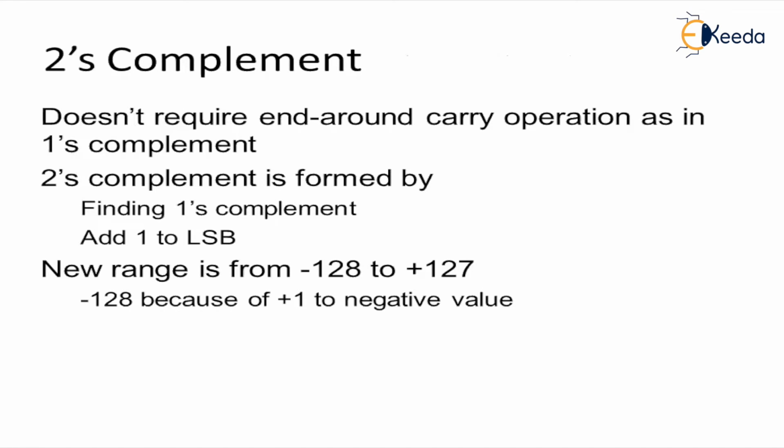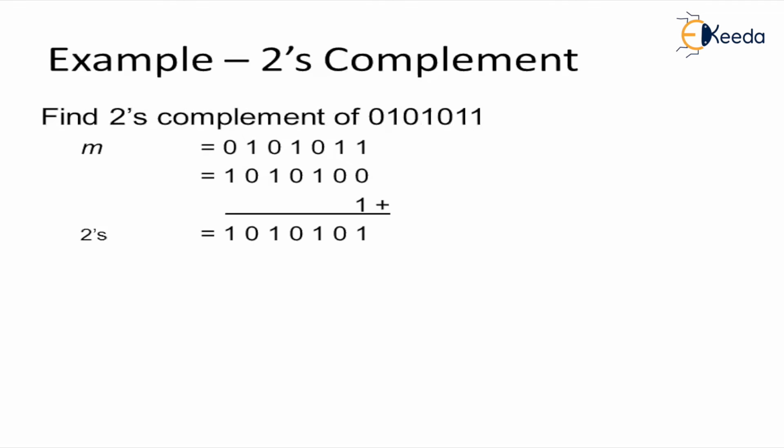So performing a 2's complement does not require any roundup operation. You first do the 1's complement, and then for the 2's complement, just add the number 1 to it. Now the new range is from minus 128 to plus 127, and minus 128 is included because of the positive to negative value.